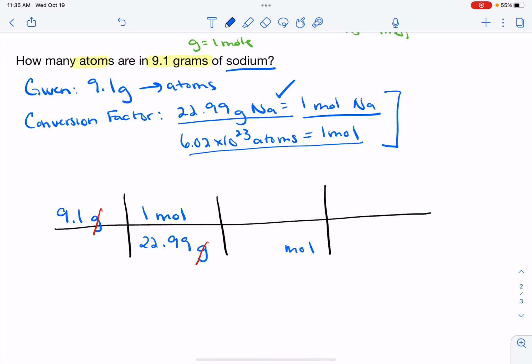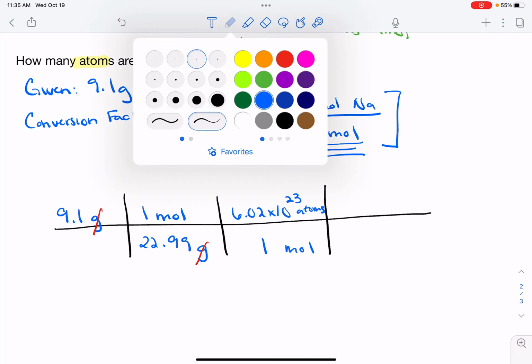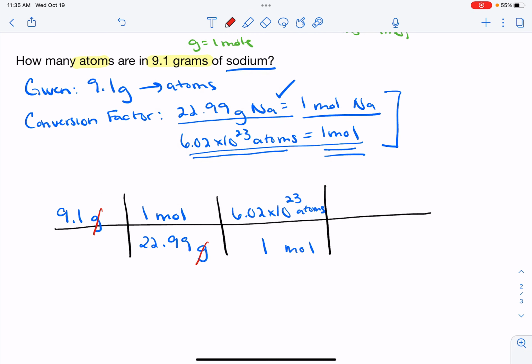I look at the second conversion factor, and the number of moles is 1, and that's equal to this 6.02 times 10 to the 23rd atoms. Again, things that are equal are right on top of each other. Moles is up here, moles is down here, so they cancel, and I'm going to be left with atoms, which again is what I wanted.